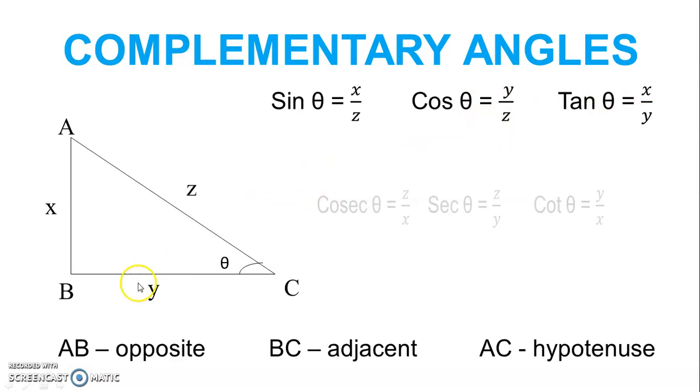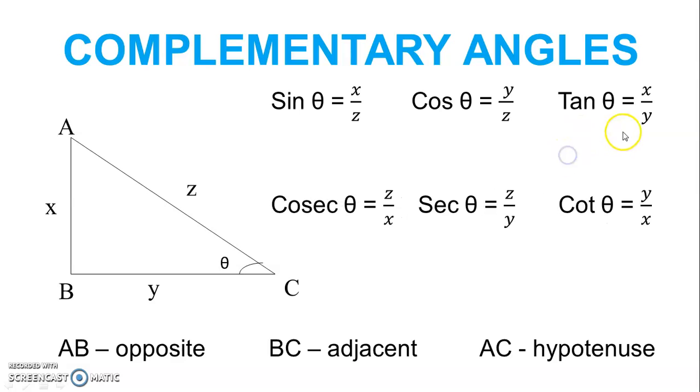Cos theta is y by z, that is adjacent by hypotenuse, and tan theta is x by y, that is opposite by adjacent. Cosecant theta is z by x, that is the inverse of sin. Secant theta is the inverse of cos, that is z by y, and cot theta is the inverse of tan, which is y by x.